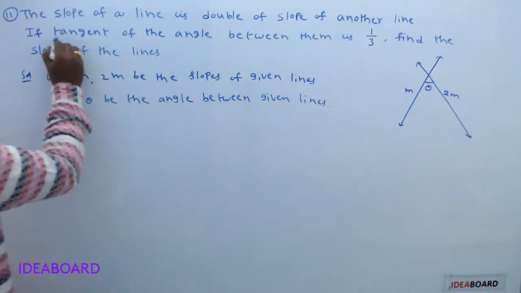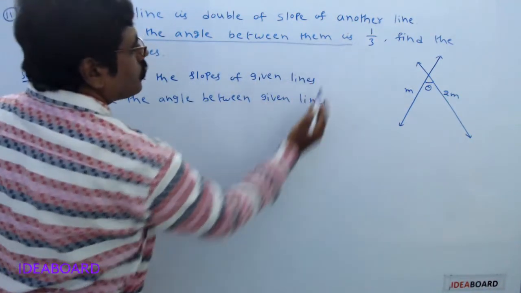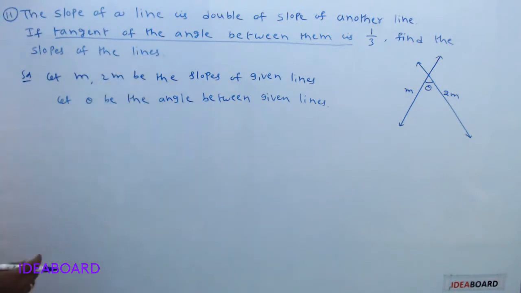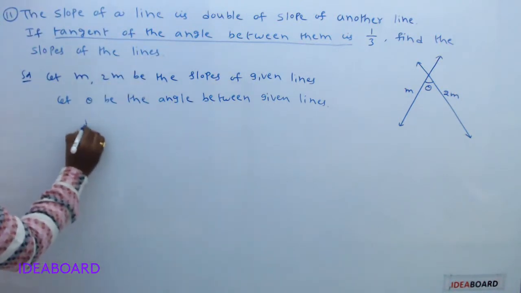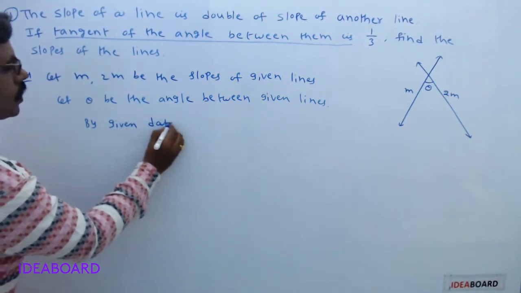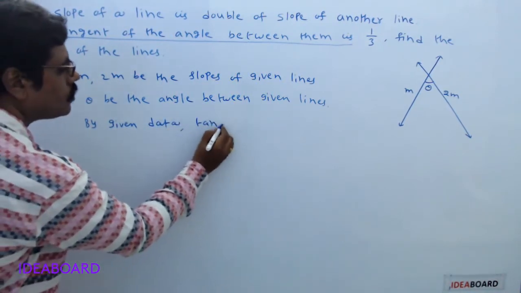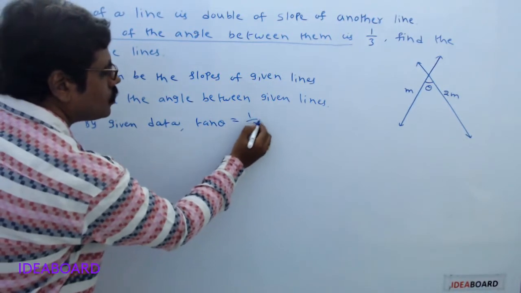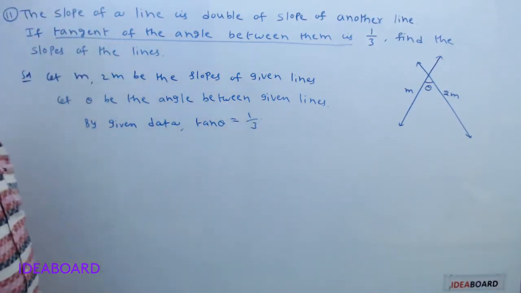Now according to this condition, what is the value of tan theta? Tan theta value is 1 by 3. So by given data, tan theta equals 1 divided by 3.